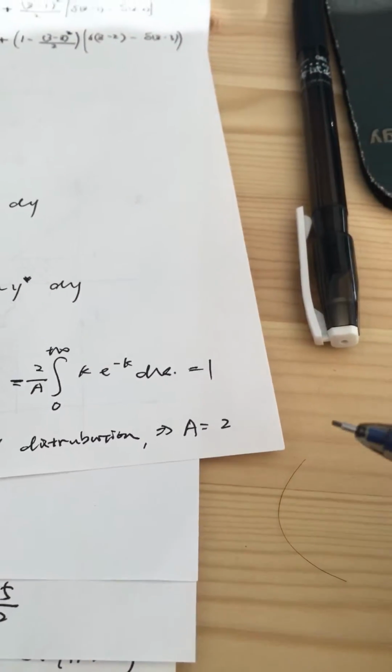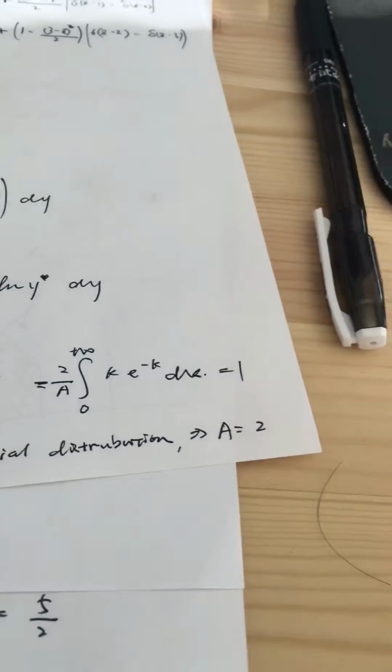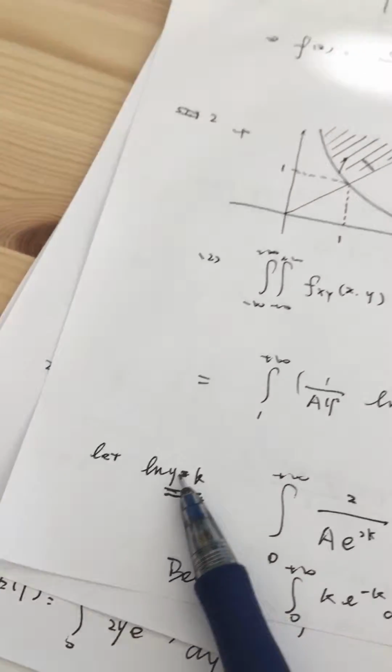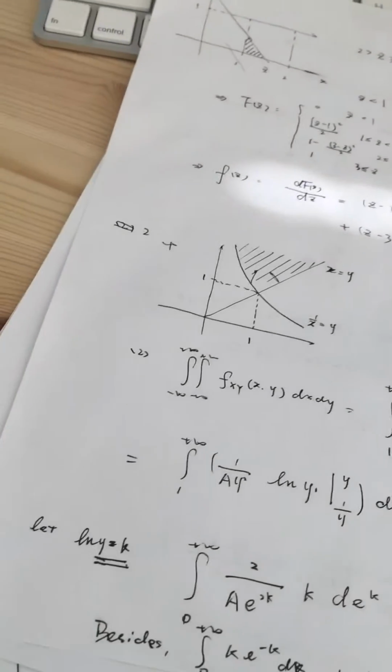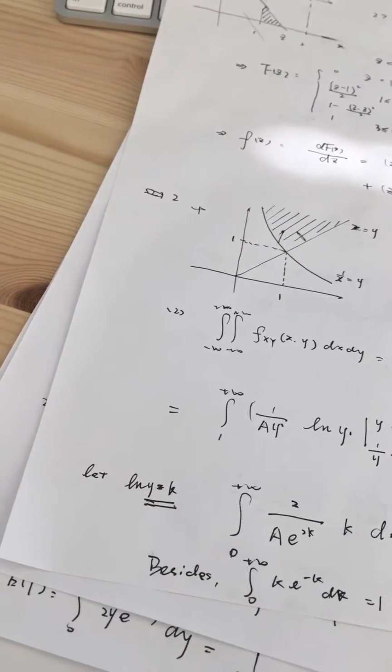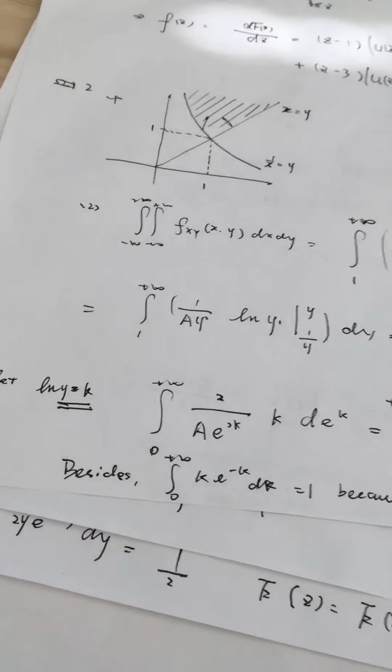I just found that if we let ln y equal k, which means y equals e to the power of k, it gives a great idea of how to compute this.